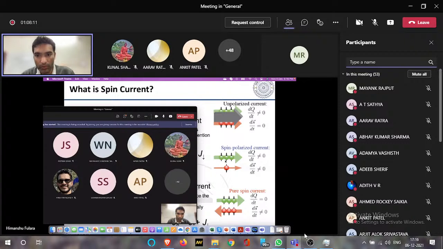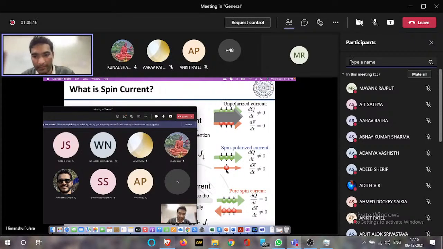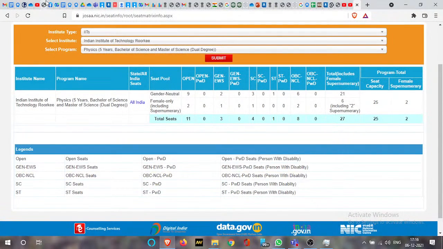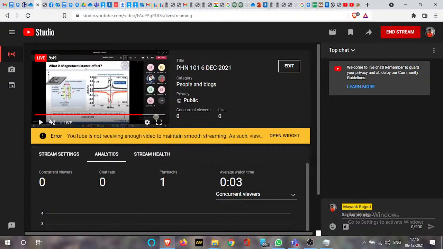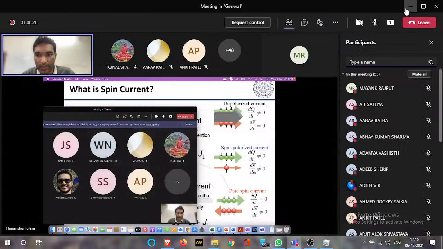For example, you can have more spin up electrons and fewer spin down electrons, or vice versa. If you create this imbalance of the two spins, then you will have non-zero charge current and non-zero spin current. If you look at the net flow of spins, you will see from a particular frame of reference that more spin up electrons are flowing. That's why this charge current is also associated with a spin polarized current.